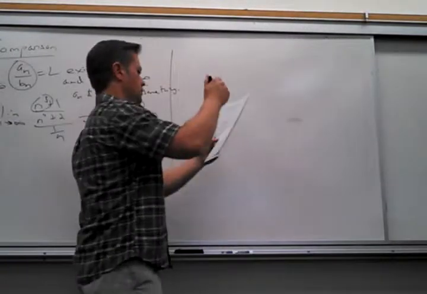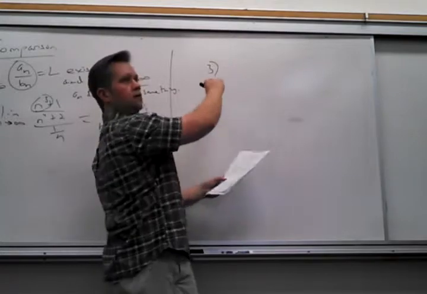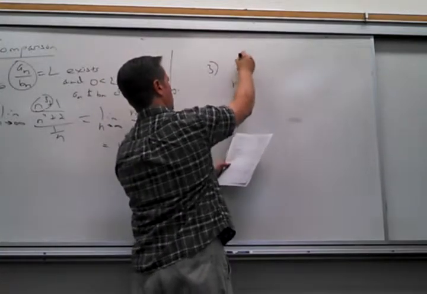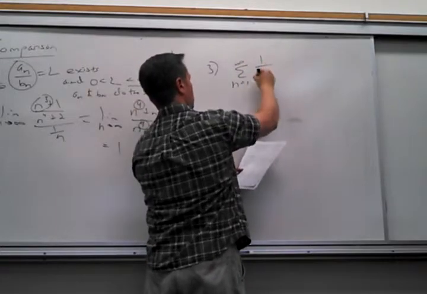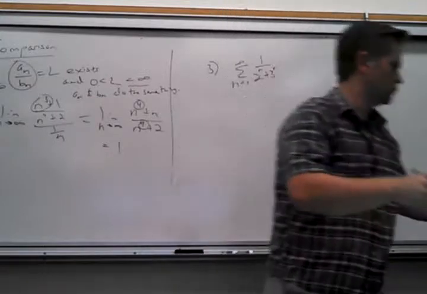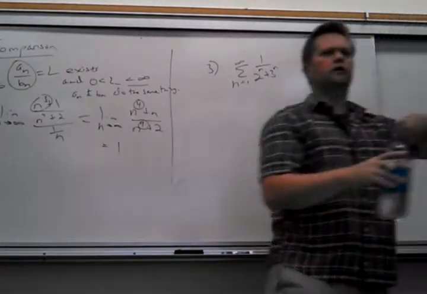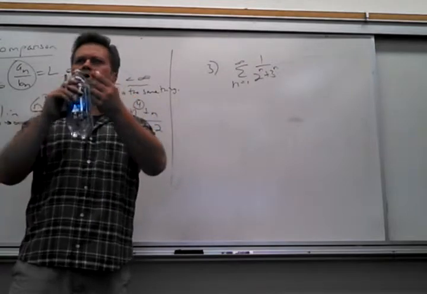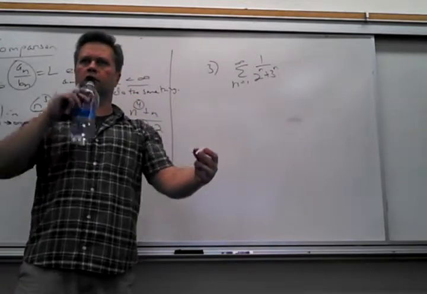So this is number 3. What's your gut tell you about what that does? Does it converge or diverge? Yeah, good. Right, because it's actually got more than what it needs to converge.